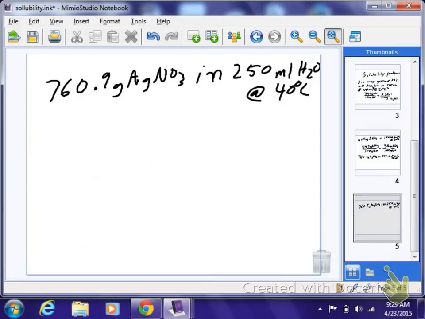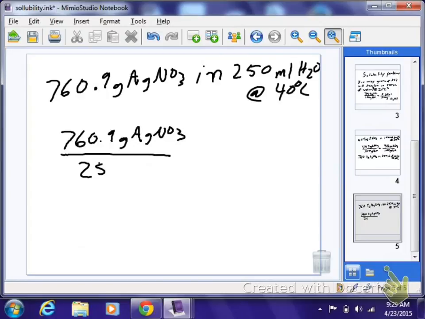What we're going to do is we're going to take the 760.9 grams of AgNO3, and we know that it's in 250 grams of water, because milliliters is the same, 1 and 1. Okay? And what we're going to do is we're going to see what actually the amount we would have in 100 grams of water.